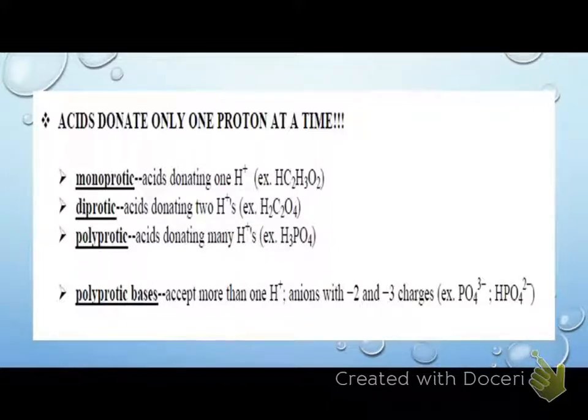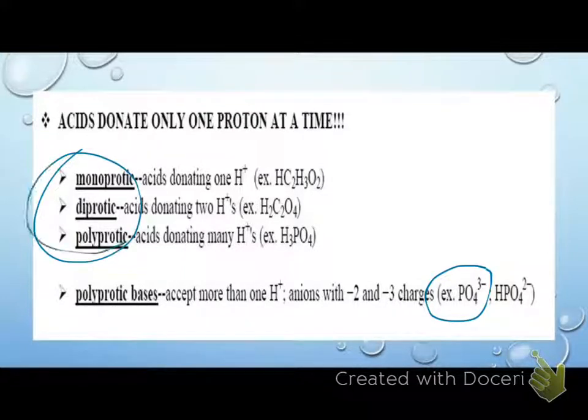So the PO4 3- right here would be polyprotic because how many total hydrogens could it accept? Three. So it's a polyprotic base, but it would accept one at a time. You can't give it all three at once. You typically see these terms more than polyprotic bases, but you do need to be aware that you can call them that.